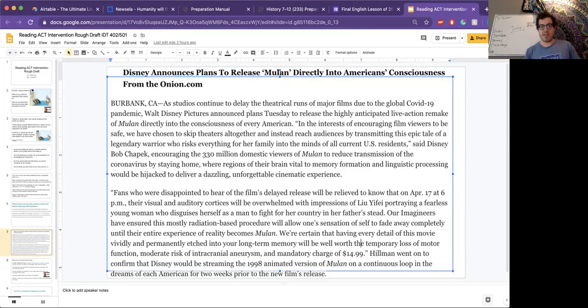And I feel like that is the point of trying to get the overall meaning, is that we can bypass all these small little details and instead get a broad picture of what this article is about. And that's what I want you to do.